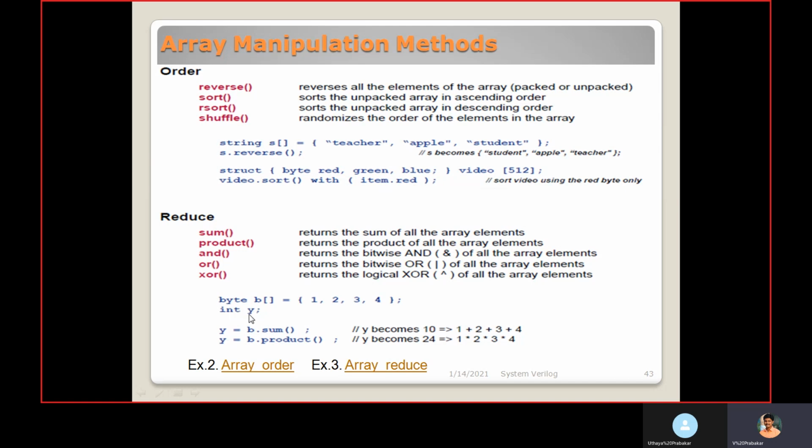So y I declared as int, so this y can hold the sum of these elements. The same way, dot product does multiplication and returns the value. The same way you can use AND, OR, and XOR. Here it will behave bitwise, so we will see that in the example.